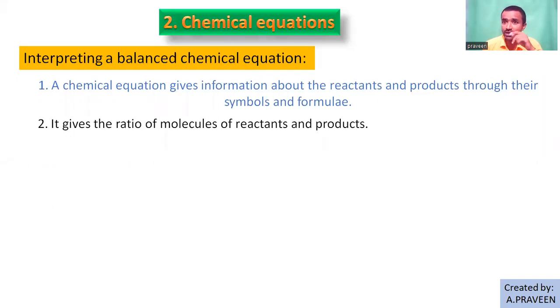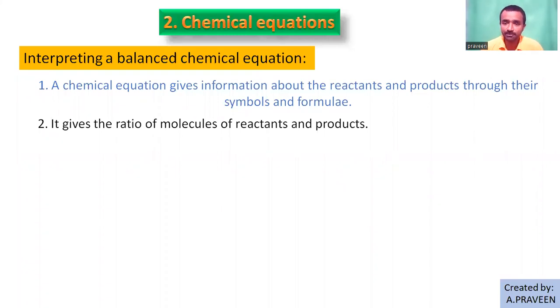That is a 1:1 ratio. Carbon and oxygen combine in a 1:1 ratio. If you take H2 plus O2 gives 2H2O, it is an unbalanced chemical equation. Make it balanced. Then you will get a 2:1 ratio. So understand it by writing the balanced chemical equations, right?